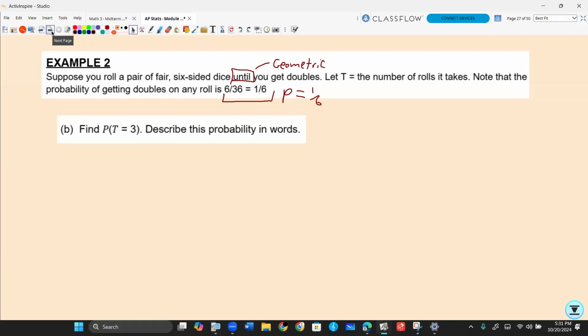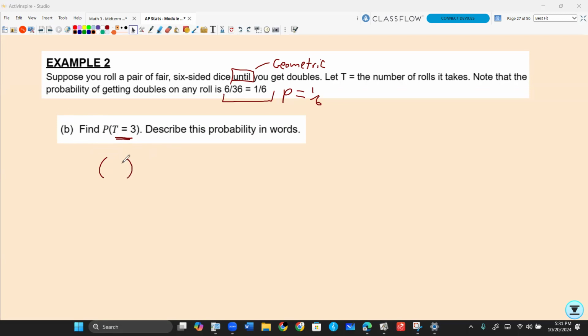Now let's find the probability that t is equal to 3. So this is an exact number. So if we were to use our calculator, it'd be geometric PDF. But with these ones, I don't generally use the second vars because it's pretty easy to do without that. So equals is just going to be, hey, I want it to be doubles on the third try.